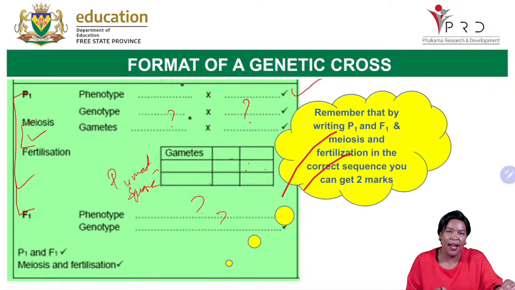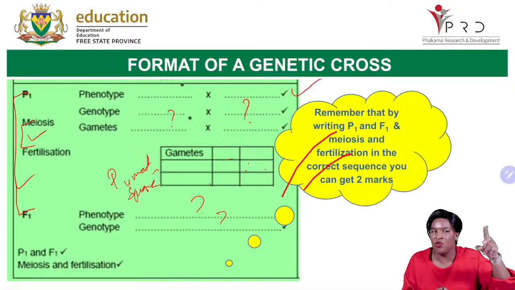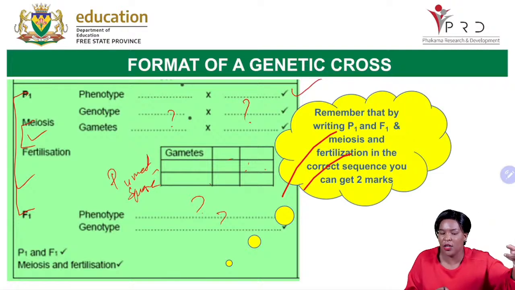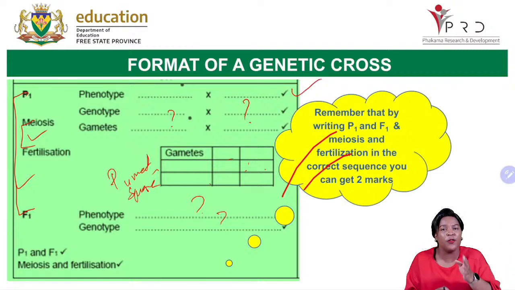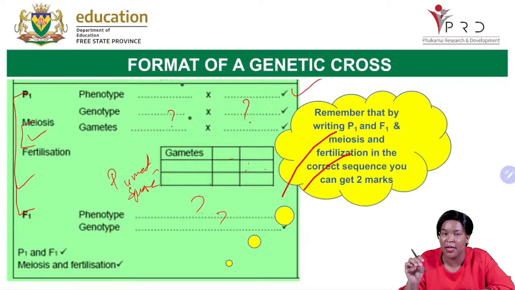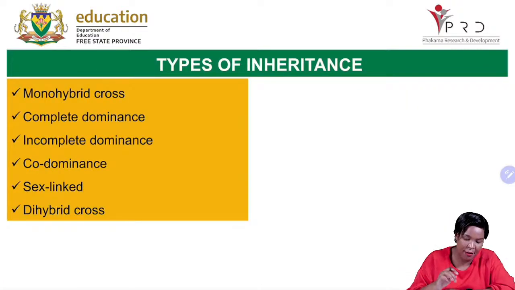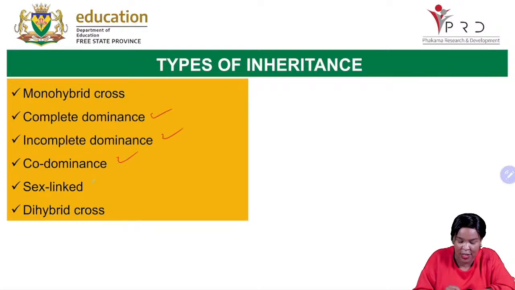You will hear it when they are mentioning the offspring: if all offspring had the same phenotype as the parent, then you will know that one was dominant, or if offspring were different from the parents. So when you read your statement, look out for the type of inheritance they are talking about. We have different types of inheritance: complete, incomplete, co-dominance, and then the sex-linked one.